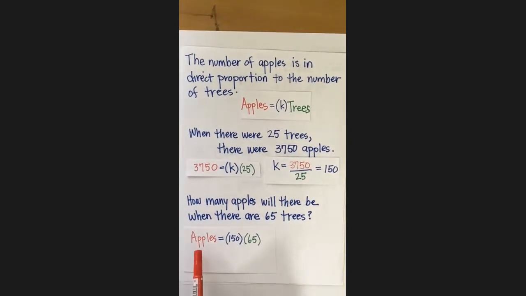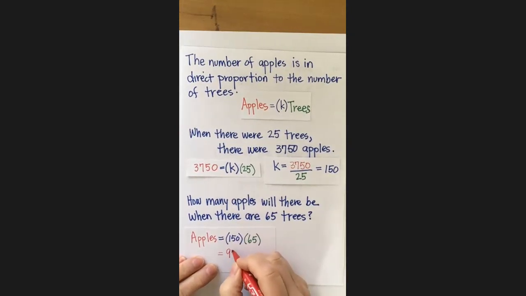We're looking for the number of apples, but we now know that the constant of proportionality is 150, and we're dealing with 65 trees. So when there are 65 trees in this problem, there are going to be 9,750 apples.